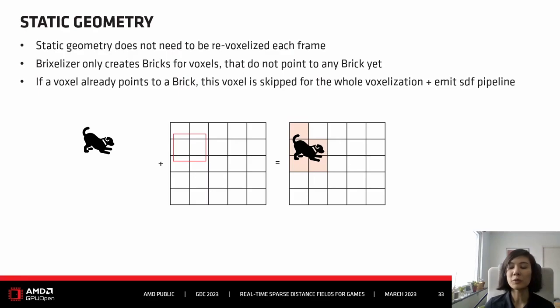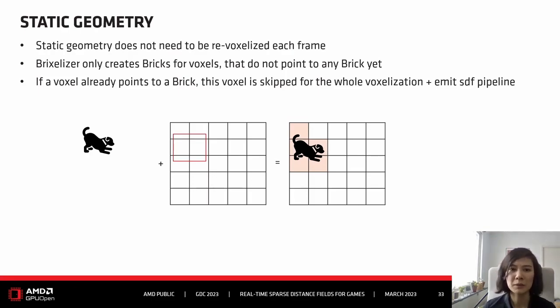So there is a way for Pixelizer to cache the results and just keep them persistent. To achieve this, Pixelizer only creates new bricks for voxels that do not point to any brick yet. So if a voxel already points to a brick, this voxel will be completely ignored throughout the whole voxelization and ambient distance field pipeline.